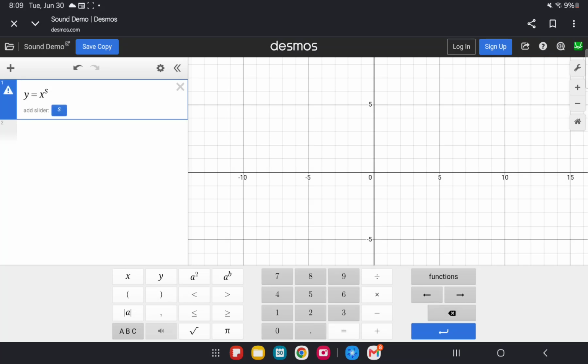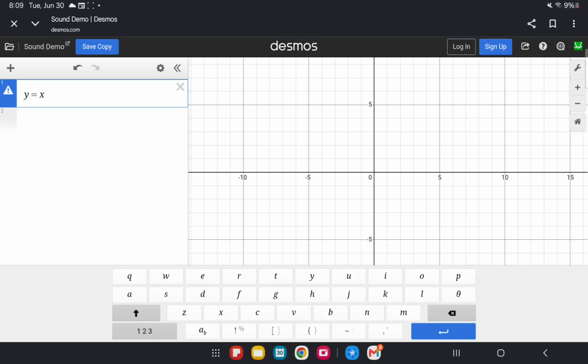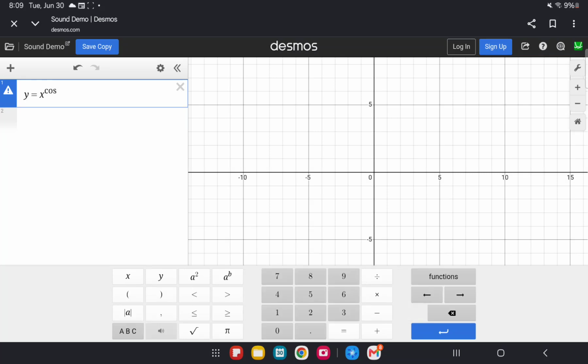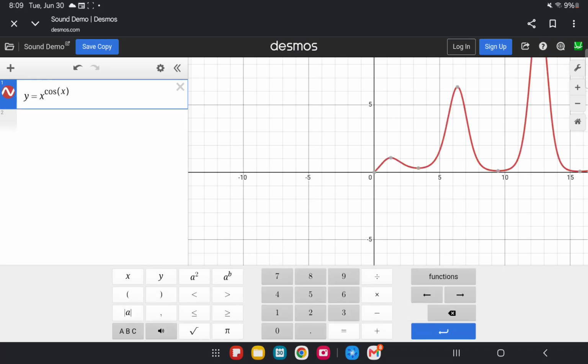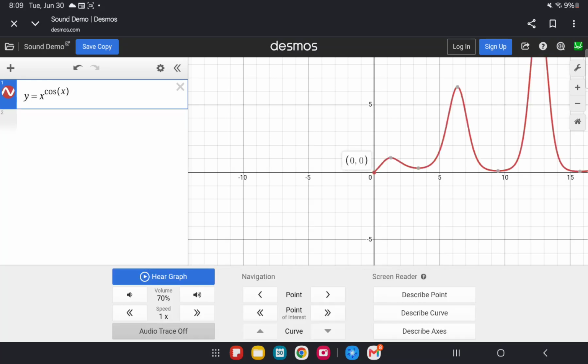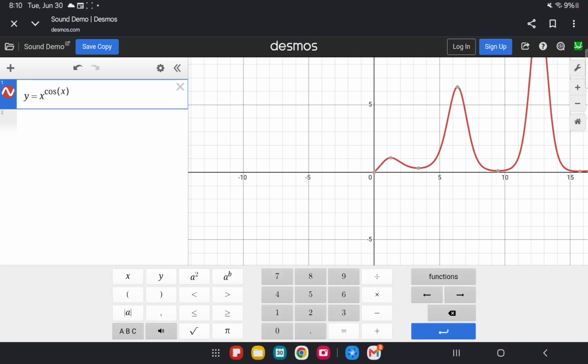How about we do cosine of x and hear what it sounds like? We graphed the function y is equal to x to the power of cos of x.